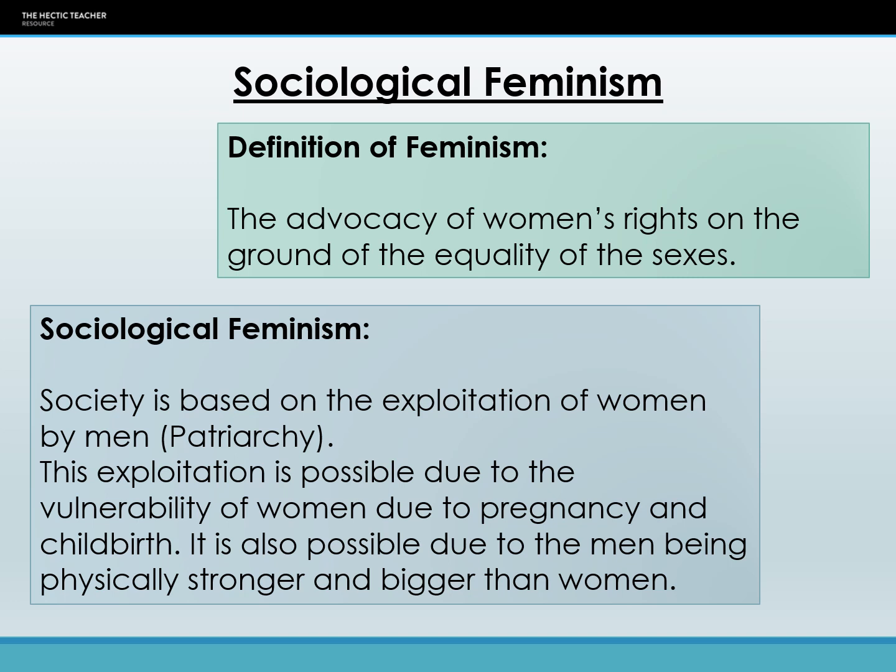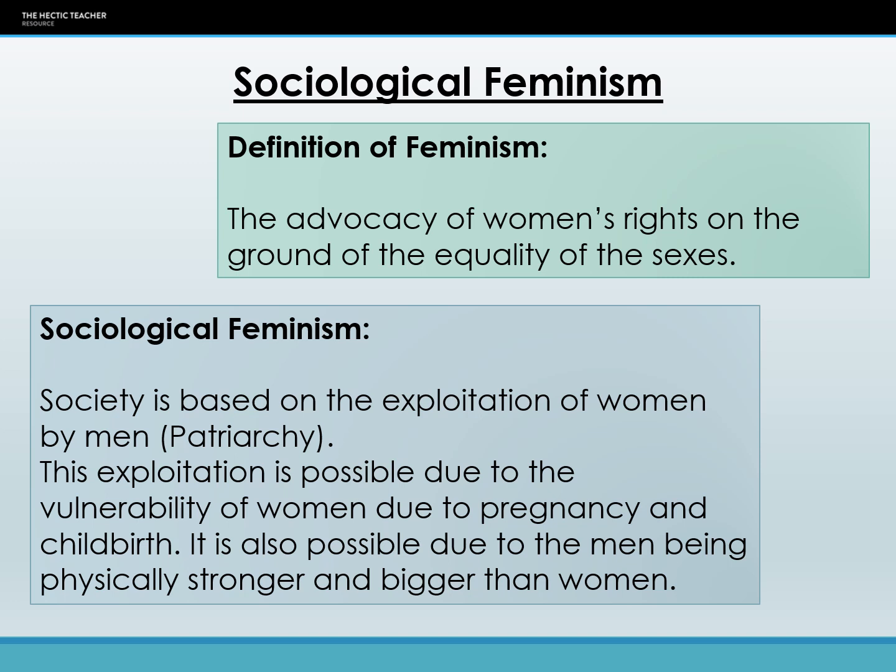But they argue that society has built itself up around this idea that women are weak and vulnerable. This is also caused by the fact that men are physically stronger and bigger than women biologically.